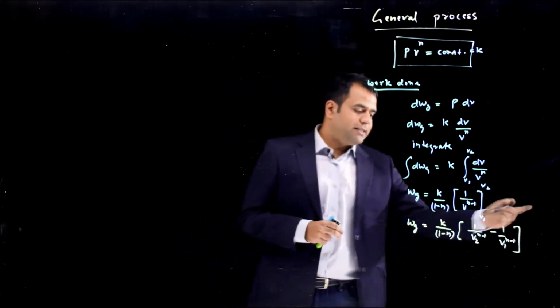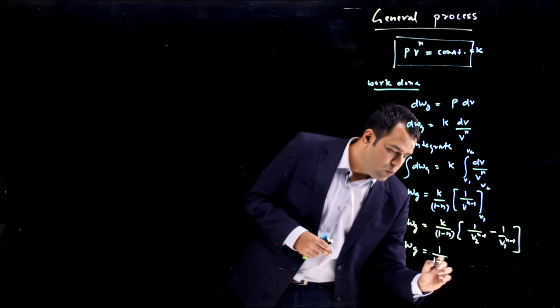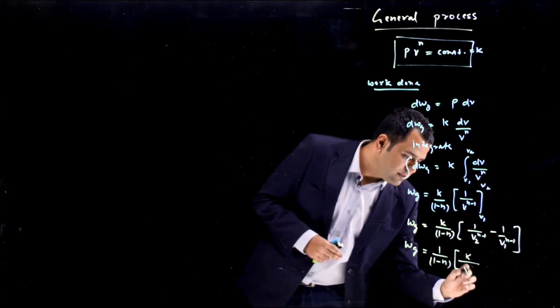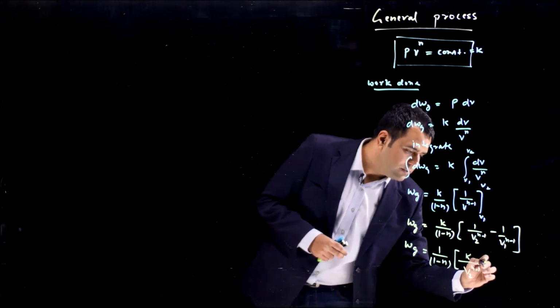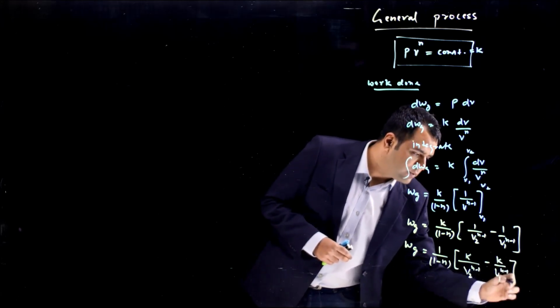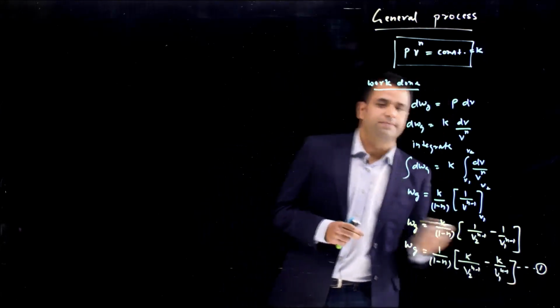Let's multiply this K inside. Our Wg will become 1 upon 1 minus n, K upon V2^(n-1) minus K upon V1^(n-1). This is our equation 1.